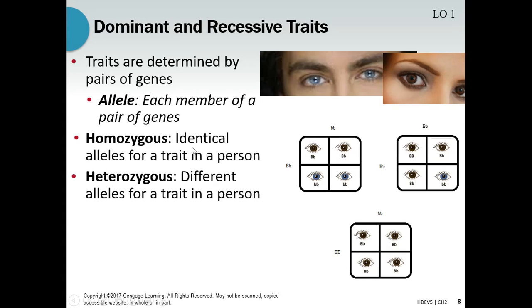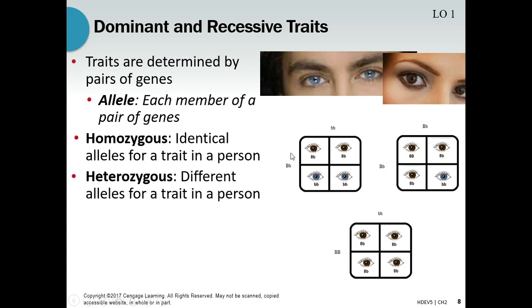Now, not all people have homozygous alleles. In fact, probably many of your alleles are going to be heterozygous. That means you get one from mom and you get a different one from dad. It's a different allele. It's for the same trait, but it's doing something slightly different.